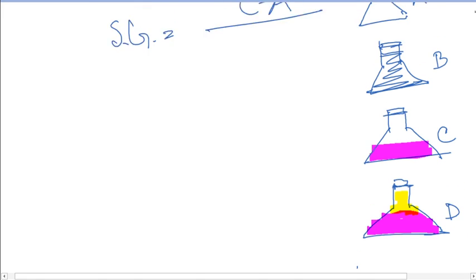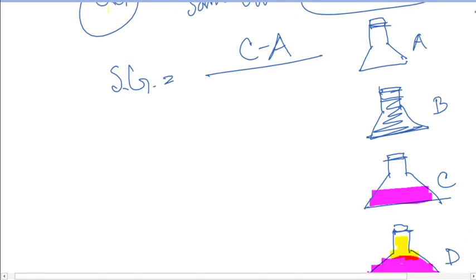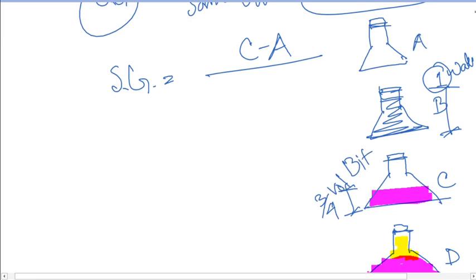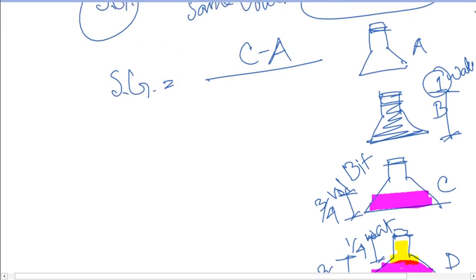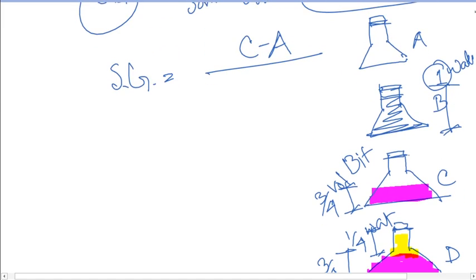So that is D. Whenever we take C minus A, what are we getting? Remember, this is the full volume, 1 volume of water. This is 3/4 volume of bitumen and 1/4 of water. So C minus A indicates what?